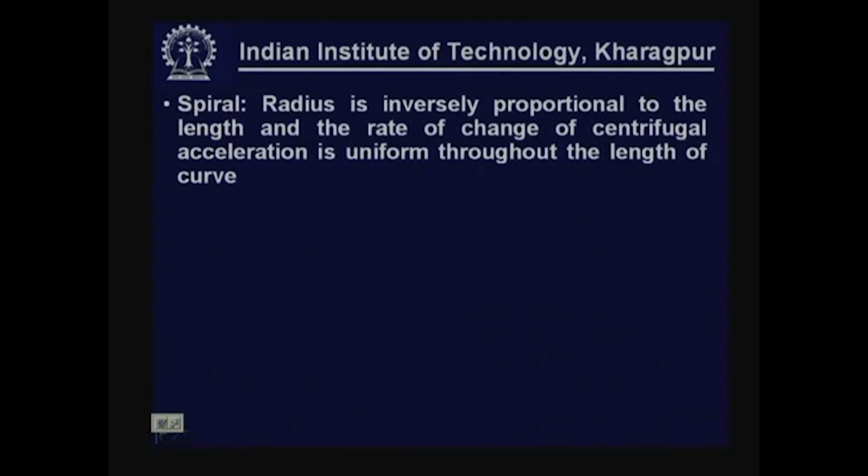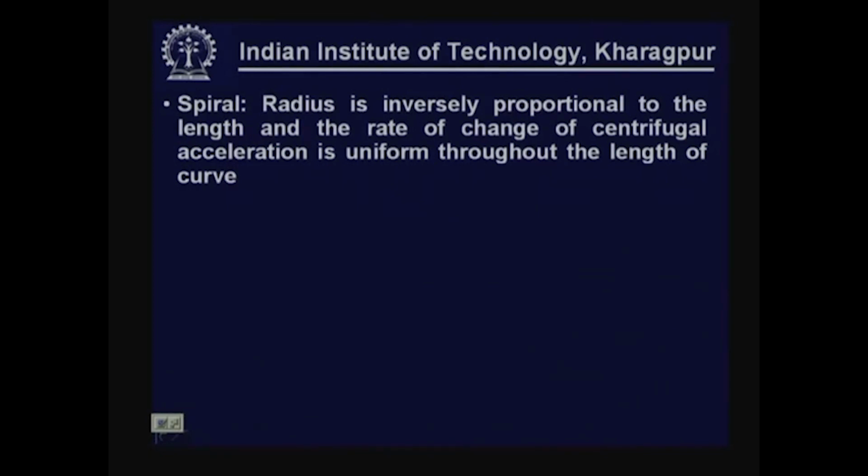So, among the given three types of transition curves, only for the spiral is radius inversely proportional to the length, and the rate of change of centrifugal acceleration uniform throughout the length of the curve. That is what makes it more acceptable.